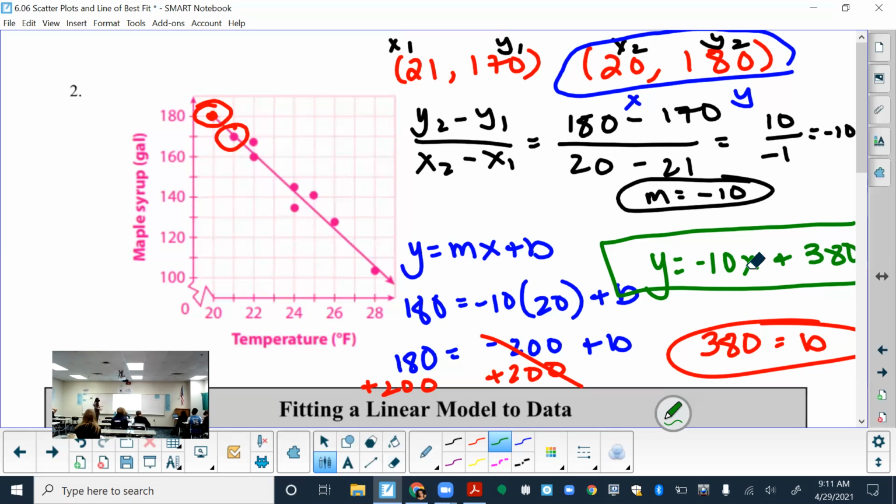Or if they said, what's the temperature when I have 200 maple syrups, whatever, then I'll put 200 in for the Y and solve for X. So this equation that we made can be used to predict other values on that line. Question? Okay. All right.